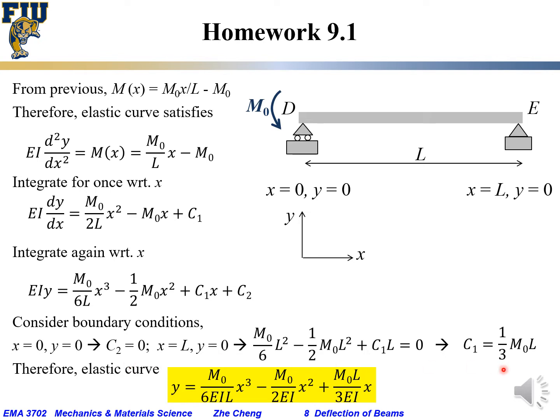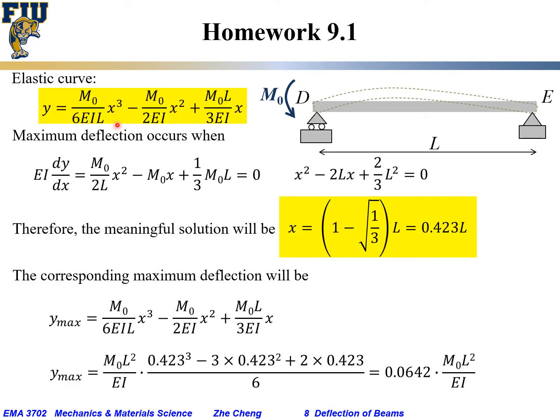C2 is 0, C1 is 1 over 3 m0 L. Therefore, we would have the elastic curve. We would move EI to the right side. We would have m0 over 6 EIL x cubed minus m0 over 2 EI x squared plus m0 L over 3 EI x. Okay, so this is the analytical form of our elastic curve, and we got it.